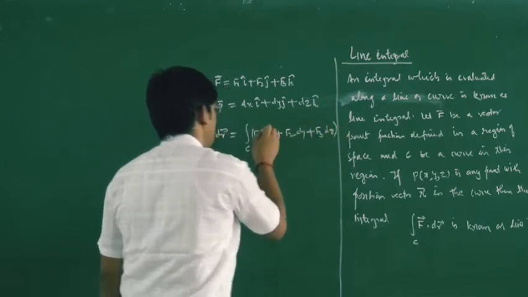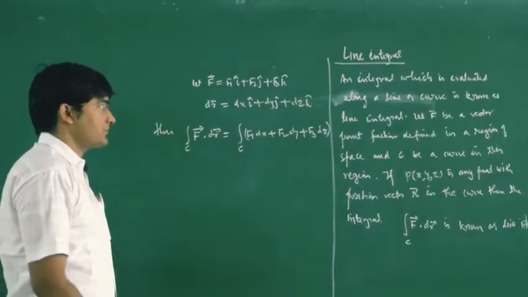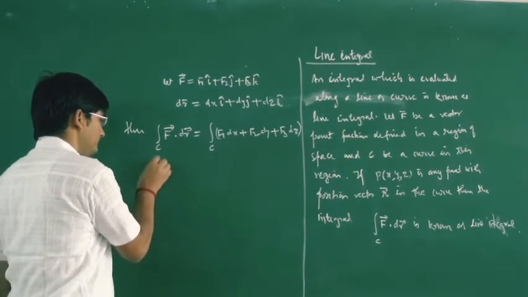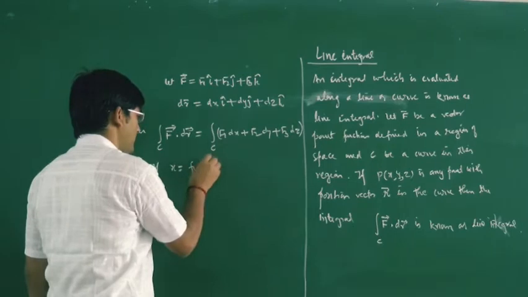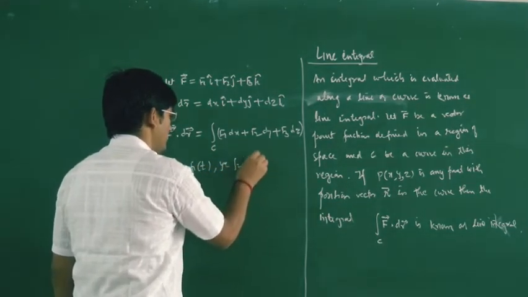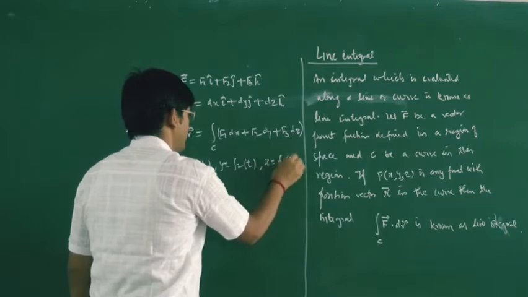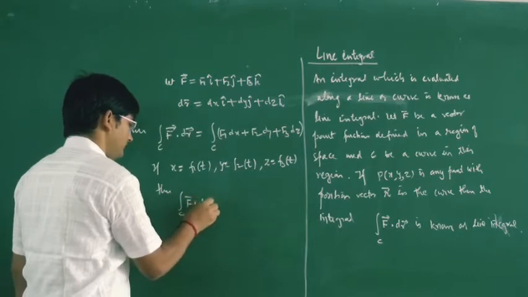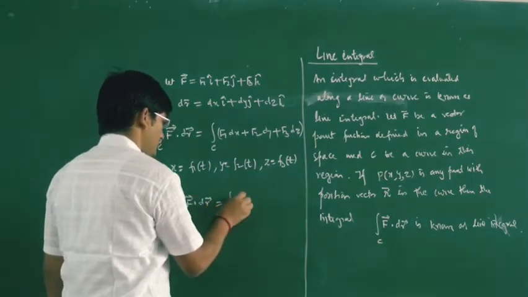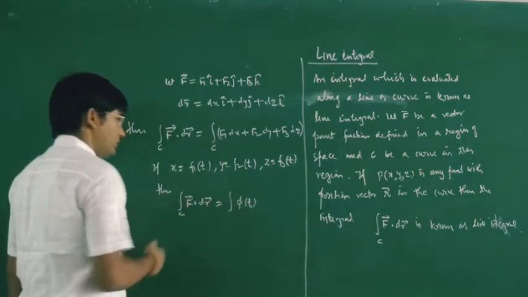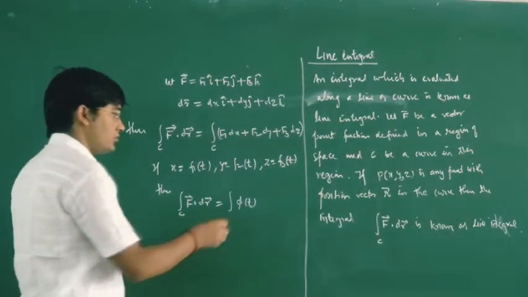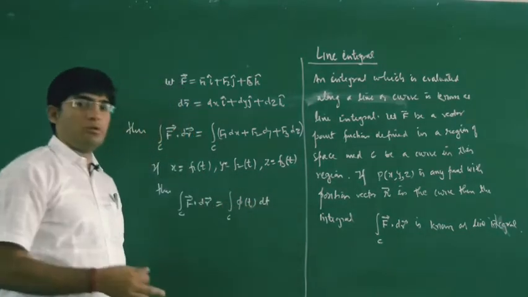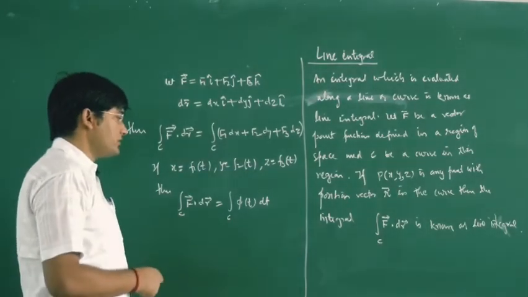So this is your line integral in this case. Now in parametric coordinates, if x equals some function of t, y equals another function of t, and z equals another function of t, then f dot dr will be a function of t. Now dx, dy, dz will be in terms of t, so we will have dt, and the integration over C will have limits of t. So this will be your line integral in this case.